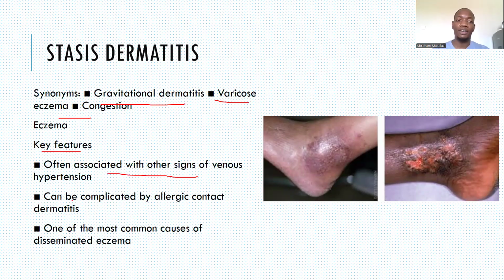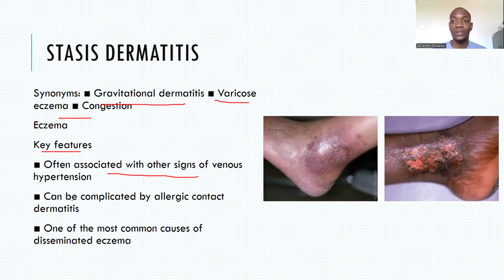That means that at the end of it all, someone will have congestion of the vasculature in the lower limbs, resulting in extravasation of lymph and sometimes even blood cells into the interstitial spaces, giving you this picture, the edema, which in turn gives you the skin manifestations that we call stasis dermatitis.